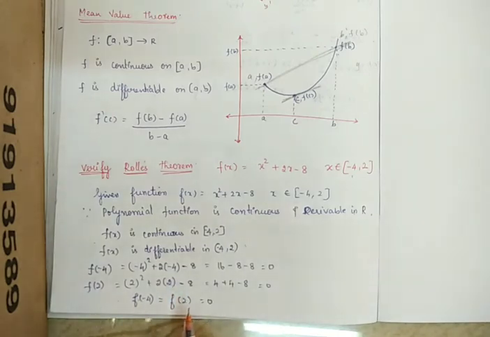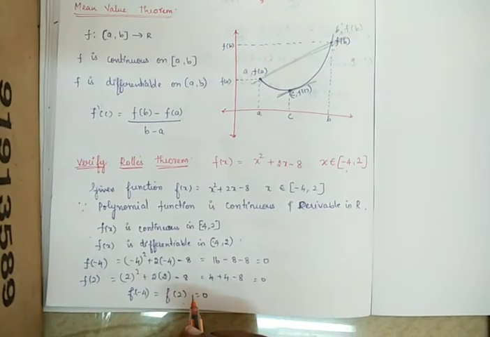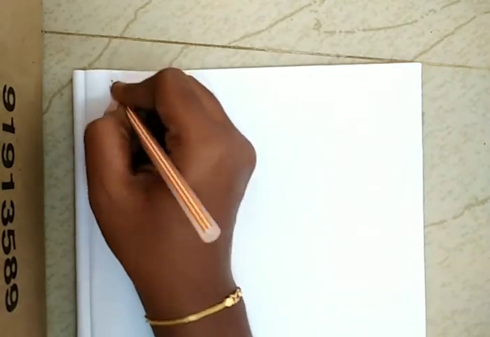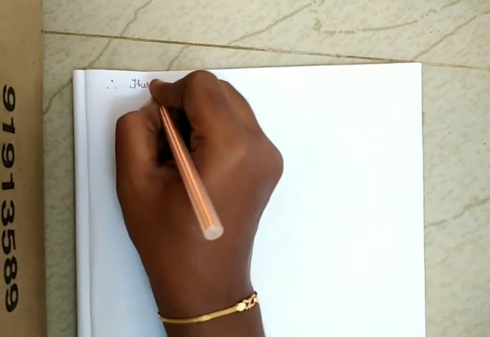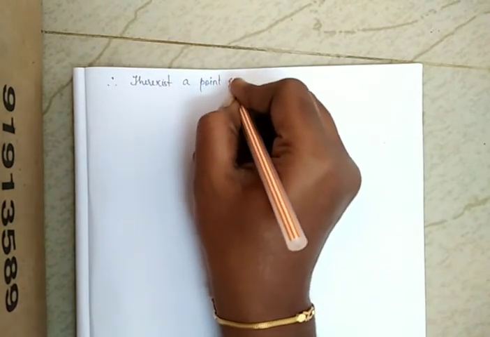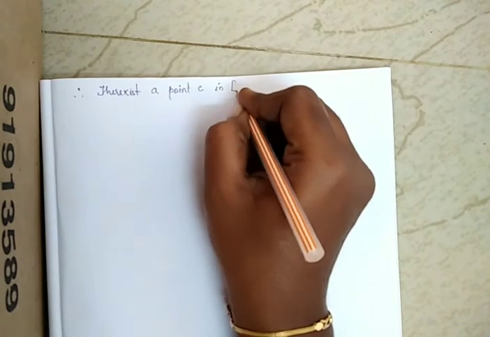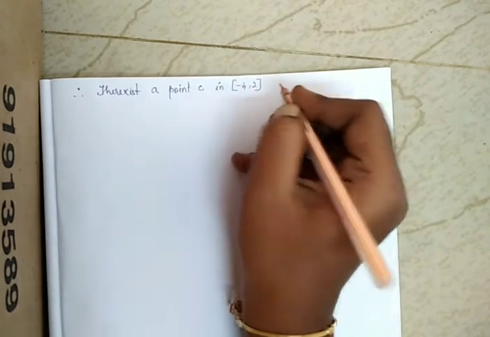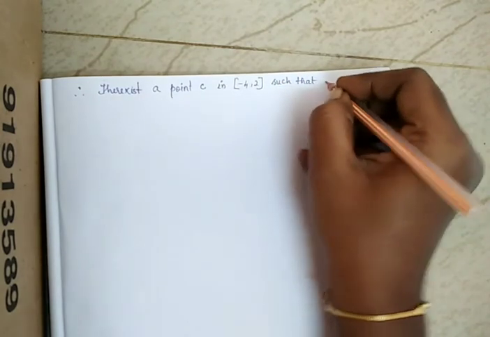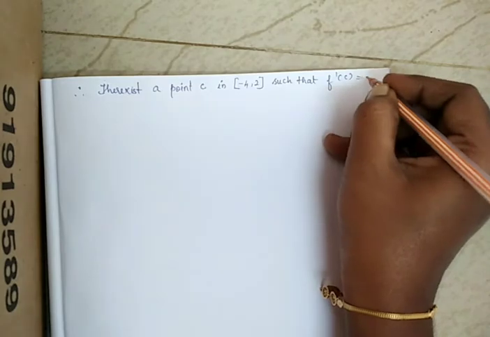In this case, we have to find a point C that lies between a and b. Therefore there exists a point C in the interval minus 4 comma 2 such that f dash of C is equal to 0.